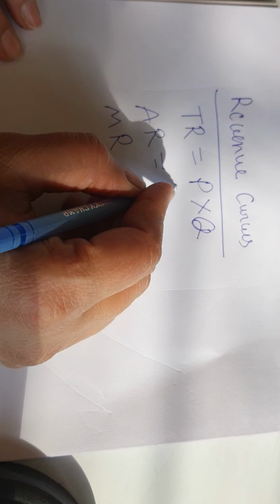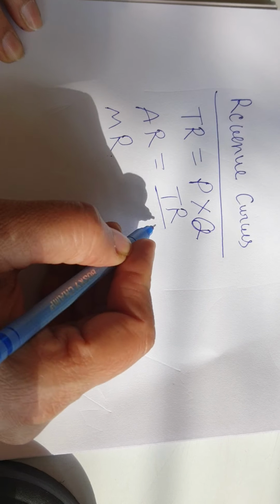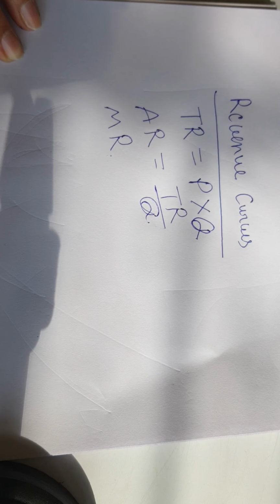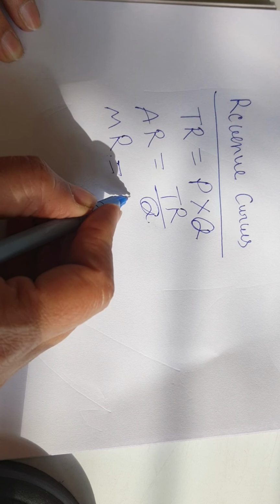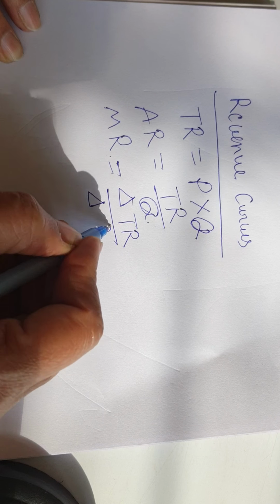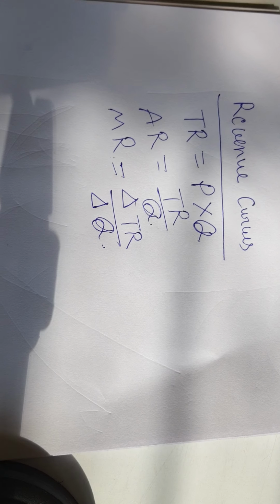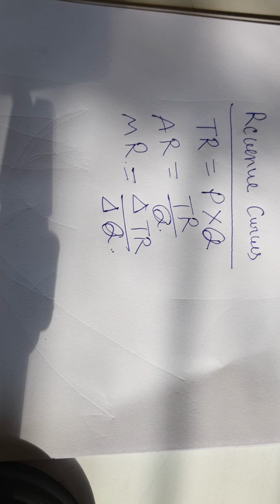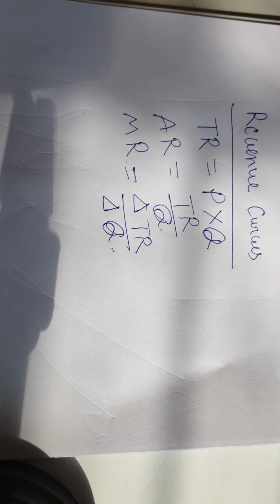Average revenue is total revenue divided by quantity, and marginal revenue is change in total revenue divided by change in quantity. So these are three types of concepts we talk about in the revenue topic.